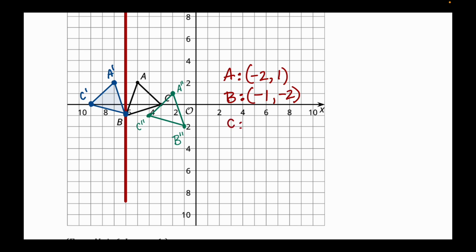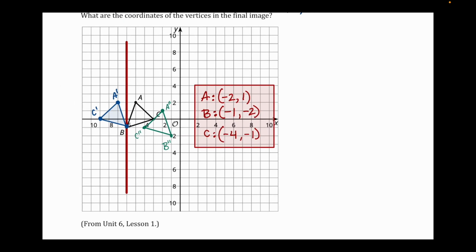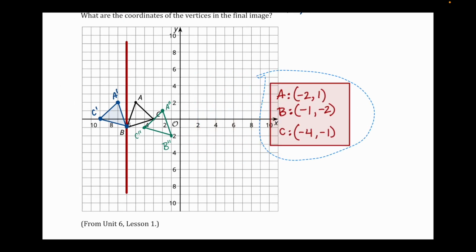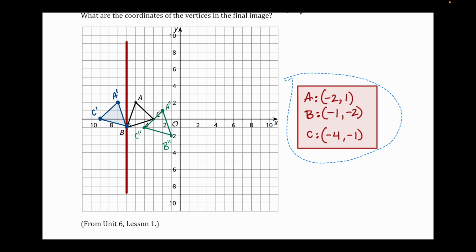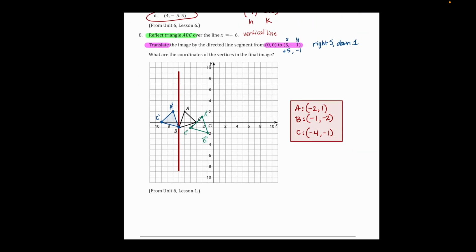And our new coordinates for C are -4, -1. These are your answers. Now I'll move them so they're a little easier to read, and I'll place them over here so that they're actually against the white background instead of the graph one.